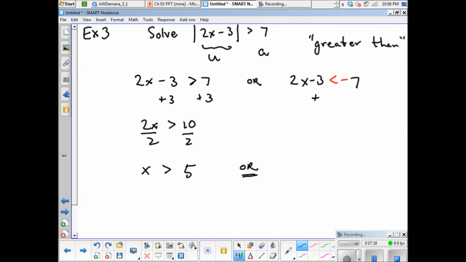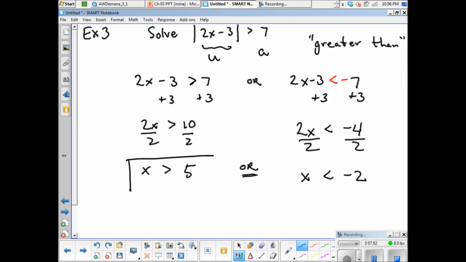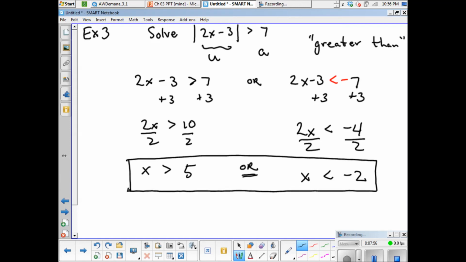Let's solve the second one. x is less than negative 2. Please don't try to combine these two into one inequality. We don't do that with the "or" statements.